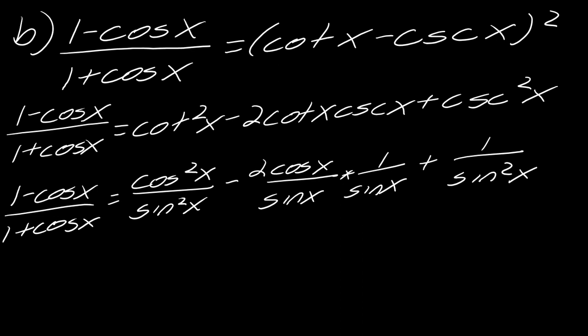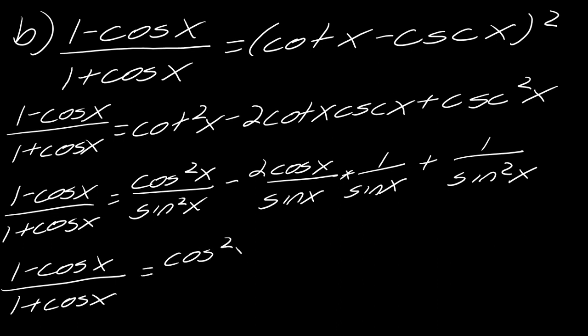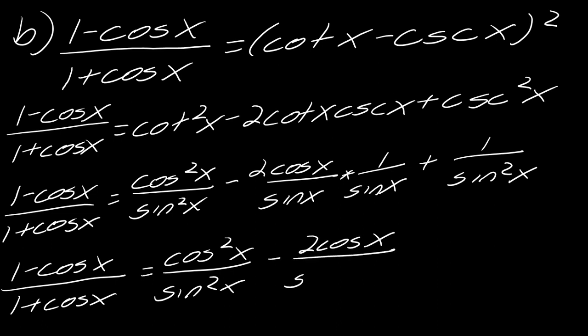Okay, so thinking forward with this a little bit, notice that if I multiply these together, this whole side has a common denominator, right? So just to make this nice and clear, I'm going to write this all out for you guys. So this becomes minus 2 cosine x over sine squared x, and then plus 1 over sine squared x.